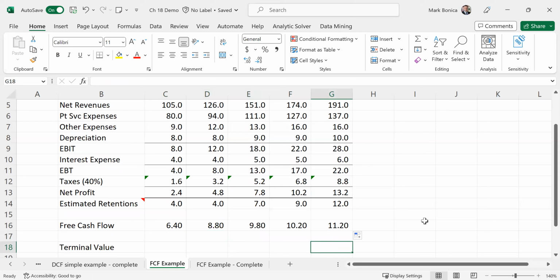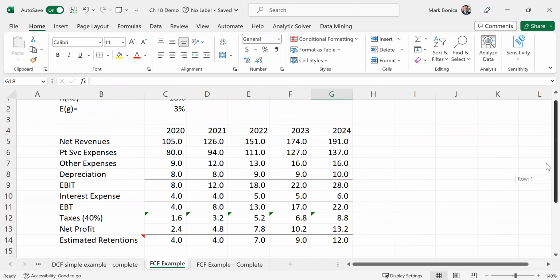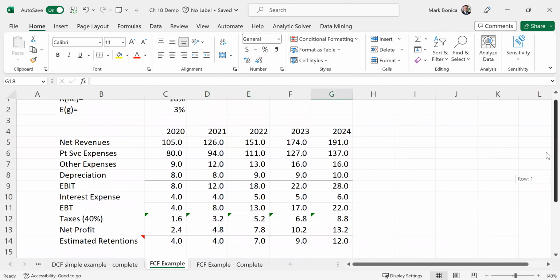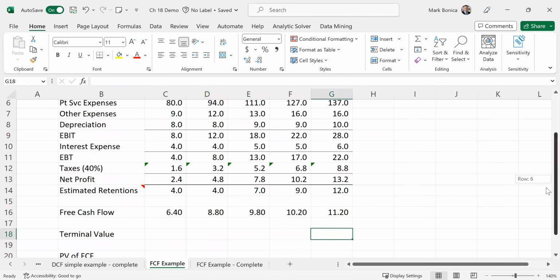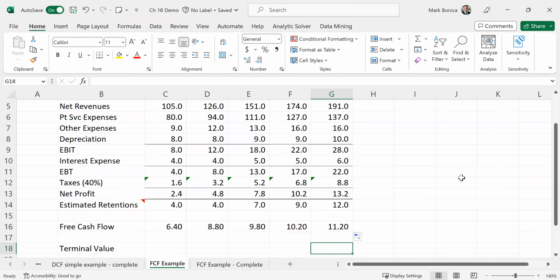Now, at the end of 2024, and bear in mind, I wrote this up a while back, the business is going to enter its constant growth phase. So we're going to assume going forward after 2024, so into 2025, it's going to be 3% constant growth.